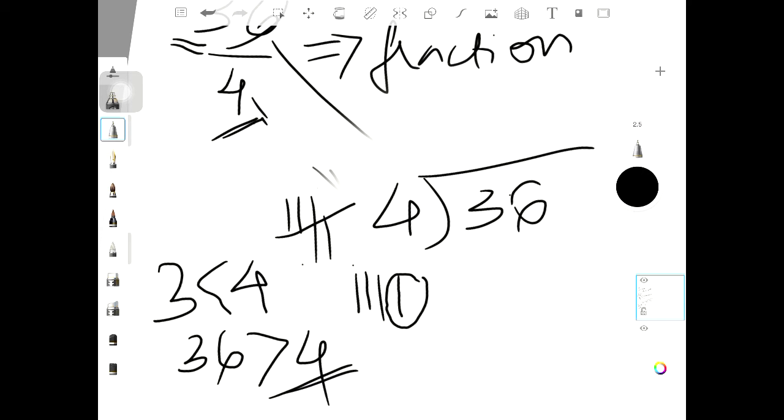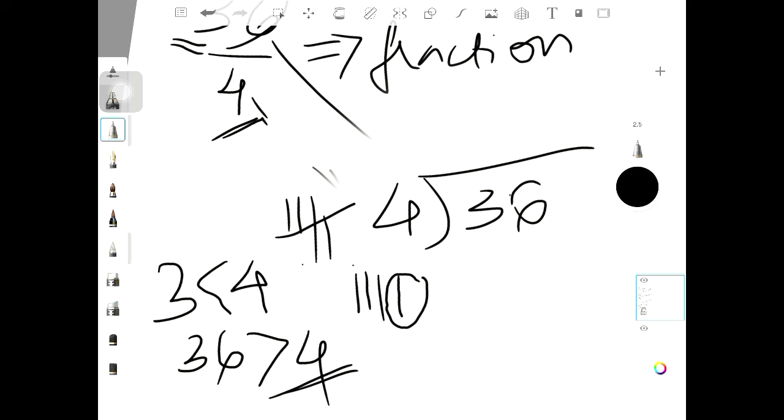So if we were dealing with any number between 32 and 36, we would take the number which is less. All the time, we have to take the number which is lesser than the number that we're dividing, or barely equal to it.